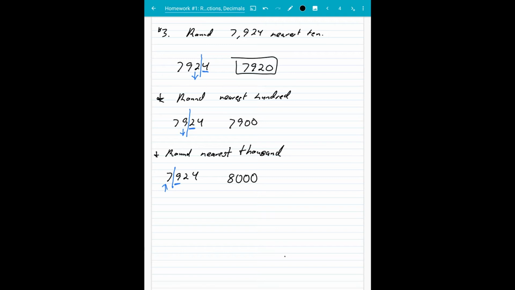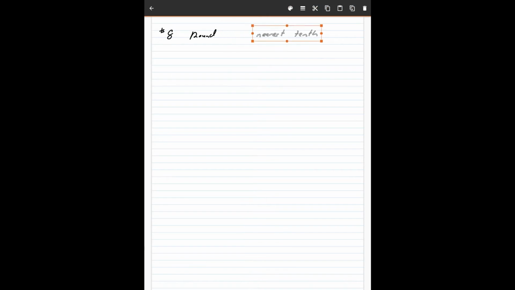So let's talk about something like a decimal, like number 8 on your homework. It wants us to round to nearest 10th. Let me scoot that over. I forgot to put the number in here. Round 9.52 to the nearest 10th.